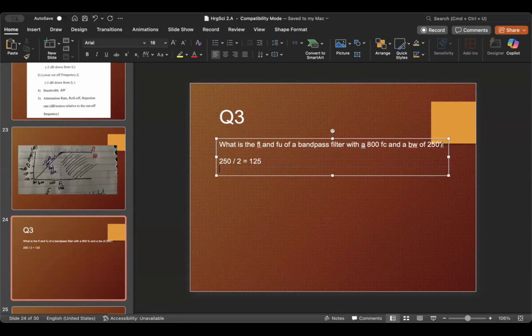That 125 is what we subtract from 800, and also add. So for our lower frequency, 800 minus 125 gives us 675 hertz. And for our upper one, 800 plus 125 equals 925 hertz.